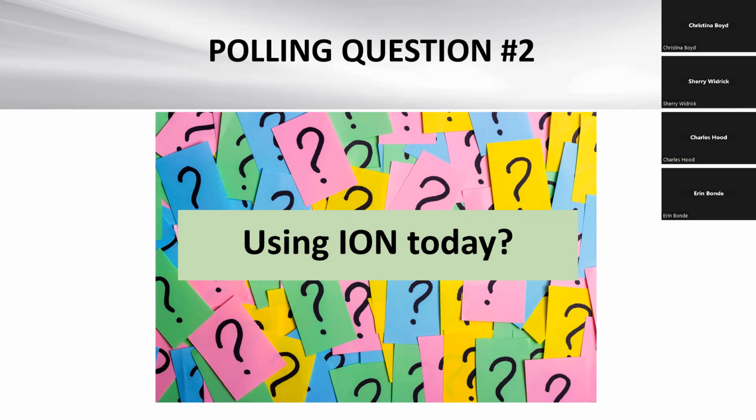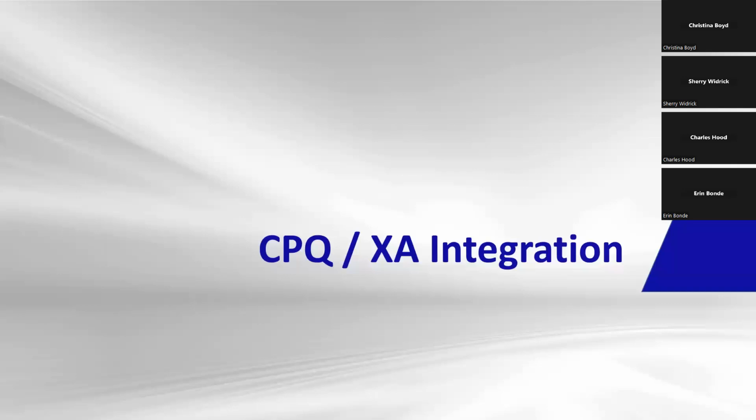Once Christina closes that out, then we can continue moving forward. So now the fun begins. I'm going to turn this session over to Charles so he can start talking about the XA integration, including launching CPQ from right within XA, how to convert a quote from enterprise quoting to a customer order in XA, and then how manufacturing orders can get created with configured components and routing steps.